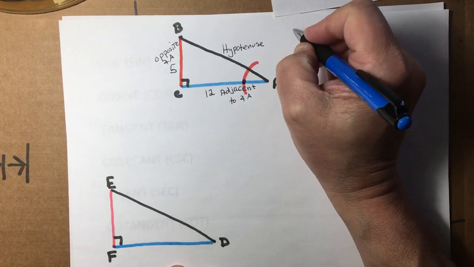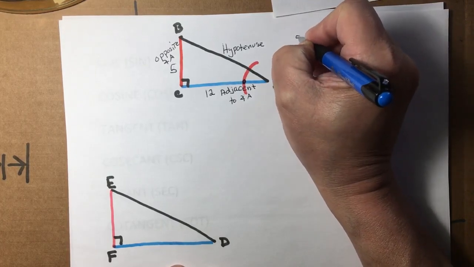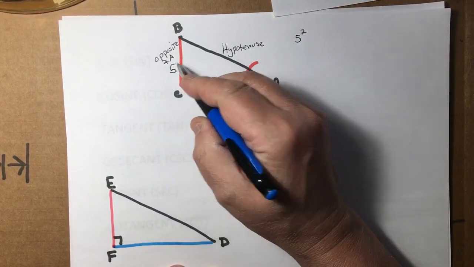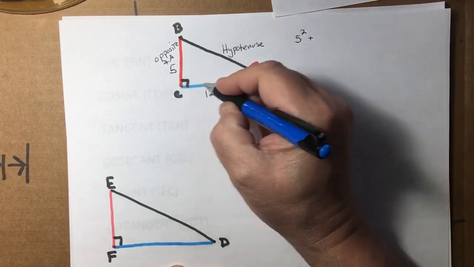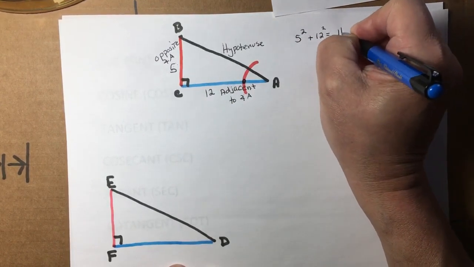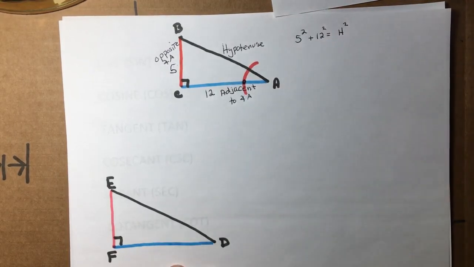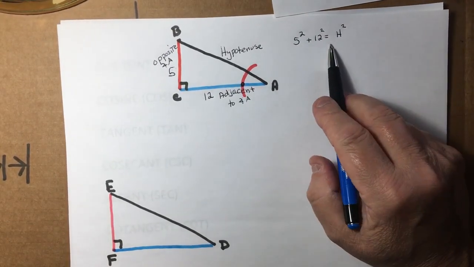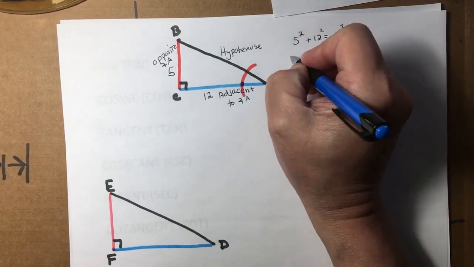Well, you guys all know the Pythagorean theorem. One leg of the triangle squared plus the other leg or side of the triangle squared is always equal to the hypotenuse squared. Notice the hypotenuse always goes by itself.